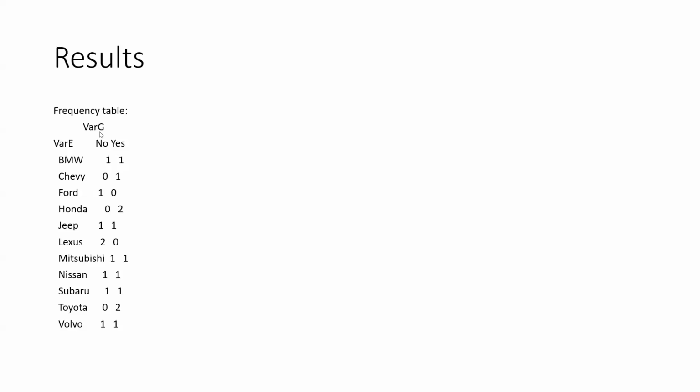In this case, we have the frequency of VarG as determined by VarE. Each of these are categorical variables. So for category BMW, how many yeses and nos were there? Let's take a look at that.